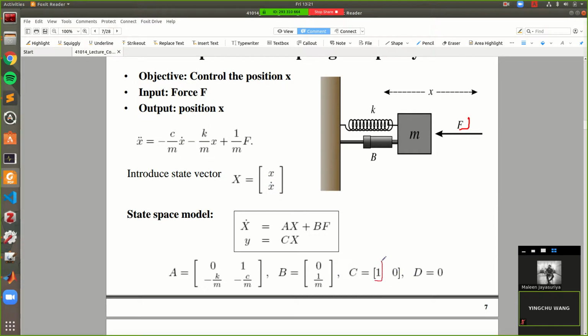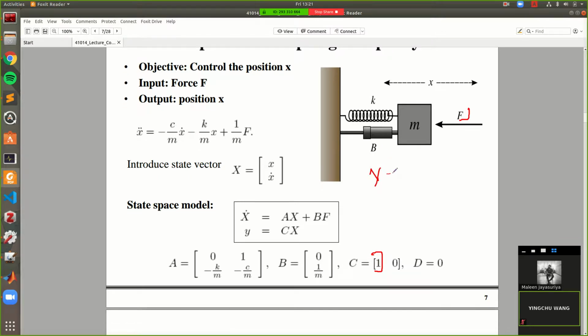Actually, if C is equal to 1 0, y equals Cx. If C is equal to 1 0, output will be displacement, output will just be x. So your state is part of your output. Sorry, your output is part of your state vector. Obviously, you're always measuring something that you're interested in.